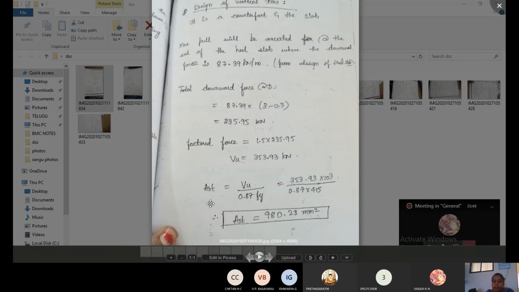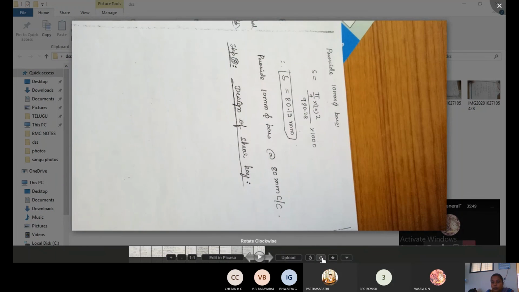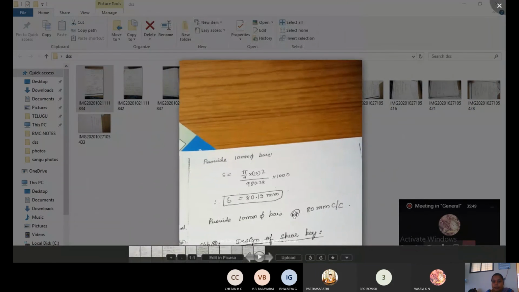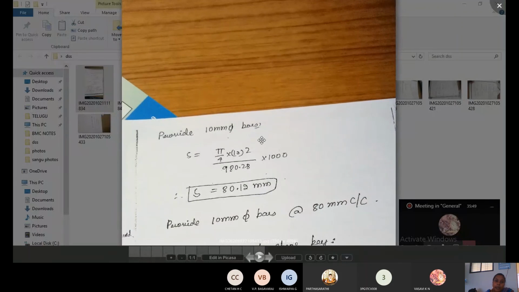Similarly, we will calculate here Ast for vertical ties. Ast is equal to Vu by 0.87 Fy. So Vu is 353.93 kilo, 10 power 3, into 0.87 into 415. After simplification, we will get 980.28 mm square. So here what we will do is provide 10 mm dia bars.